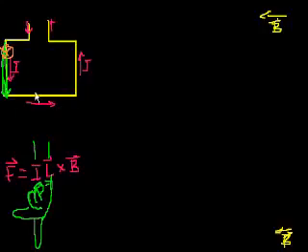Now what about this segment of the wire? Well, think about it. This L vector is parallel to the magnetic field, just in the opposite direction. And so when you take the cross product, remember, you're multiplying the magnitudes of the vector components that are perpendicular to each other.